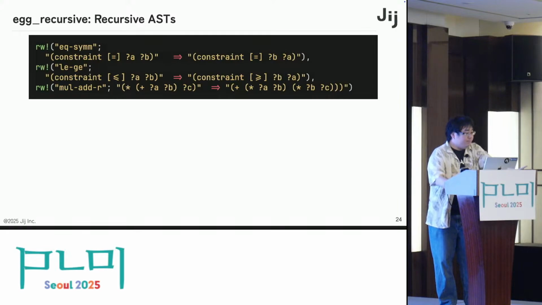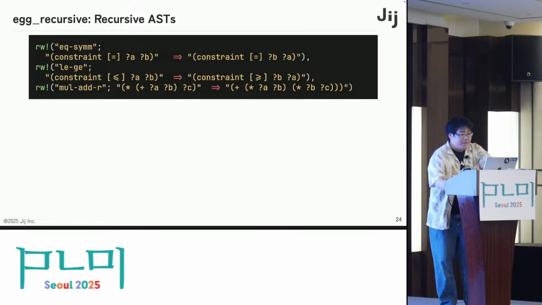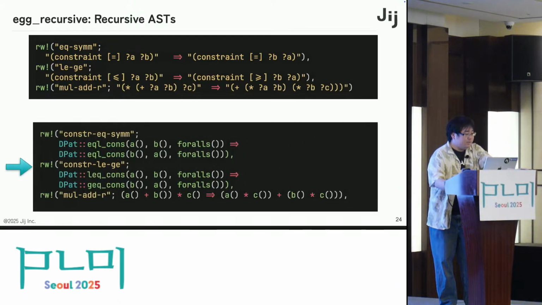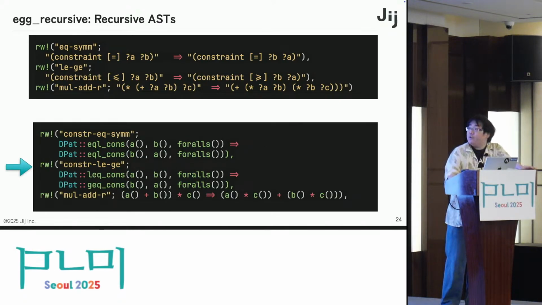For example, this is a typical example of egg rewrite rules, and this becomes this. So everything was coded in strings, but now it is written as a genuine Rust program.